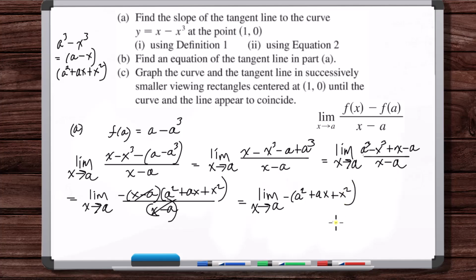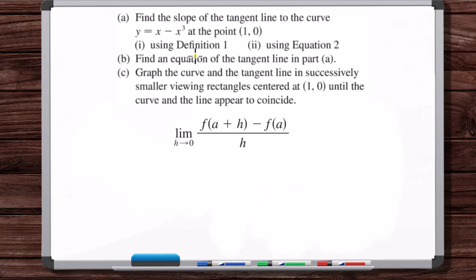So now plugging in a, we get minus a squared plus a squared plus a squared. So minus 3a squared. And actually, we didn't even need to do this. I forgot they had given us a point, so I could have just plugged in a is equal to 1 from the beginning. But this is fine. So plugging in a is equal to 1, we get minus 3.